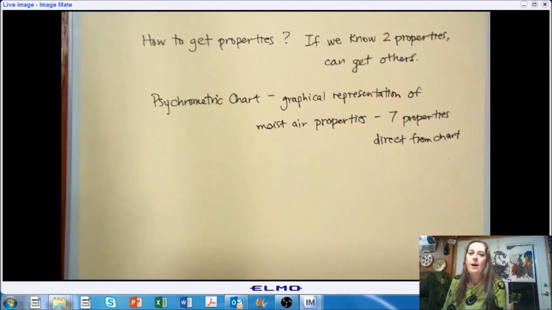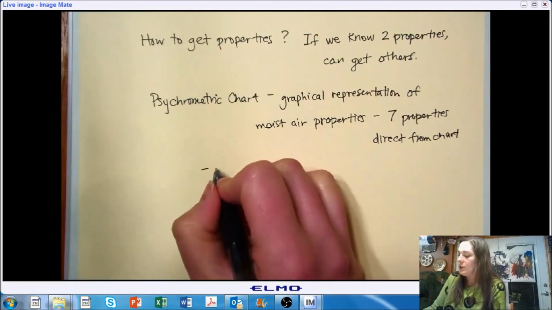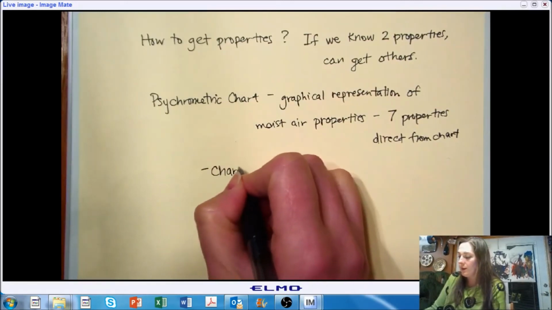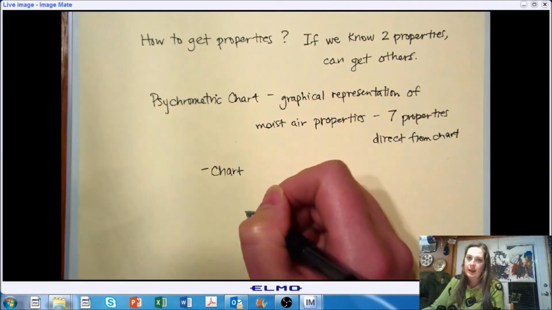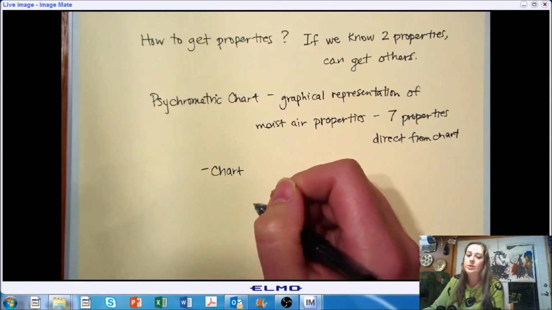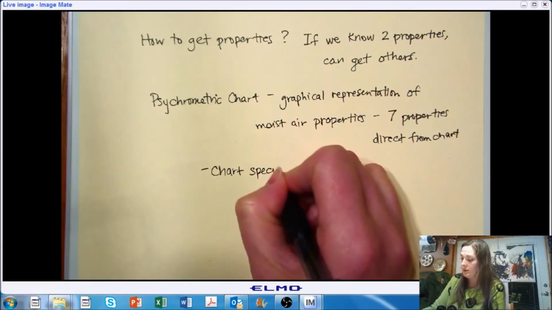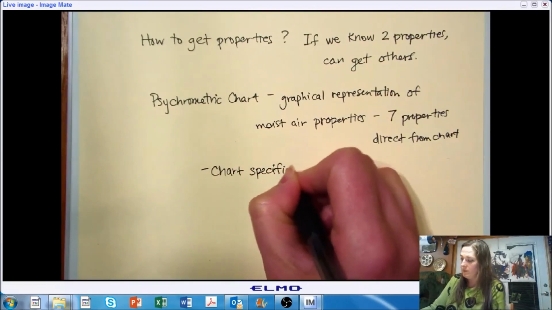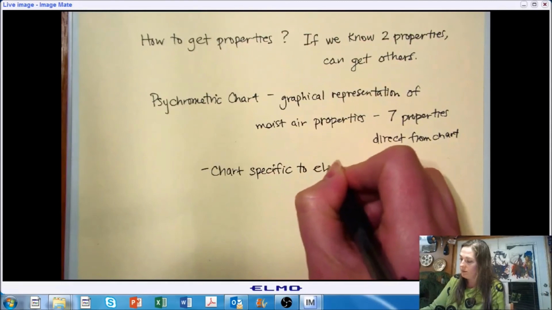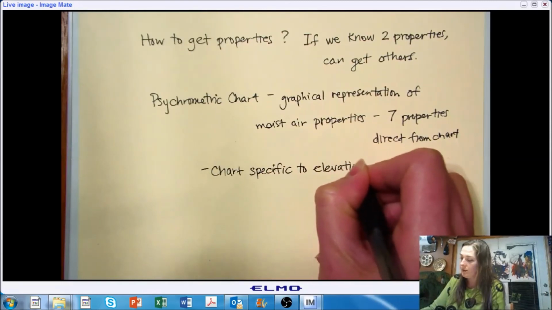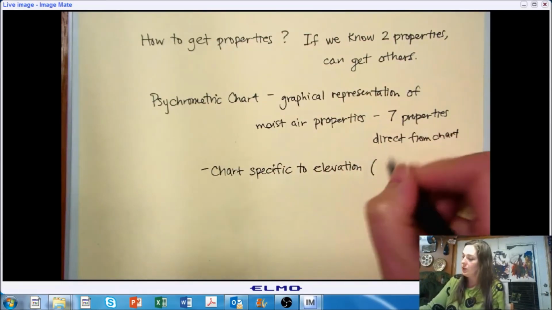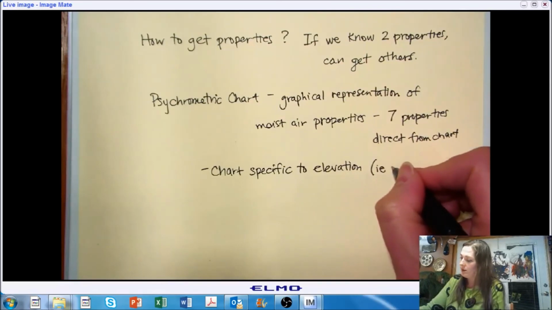It's important to note that each chart is specific to an elevation, and you cannot translate from one elevation to another using only the chart. So specific to an elevation or specific to an atmospheric pressure.